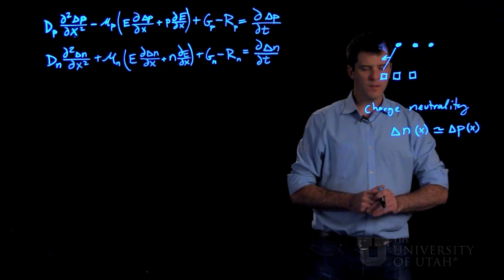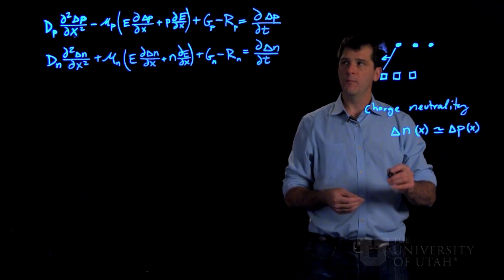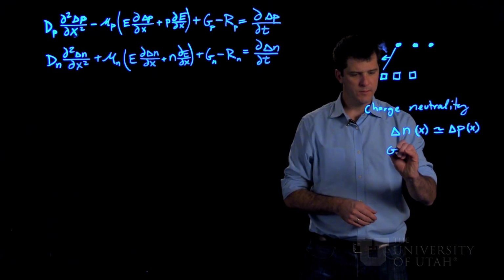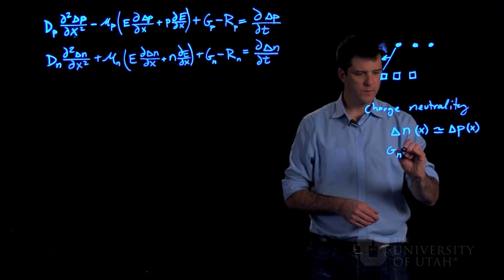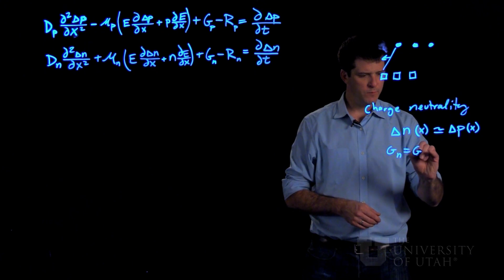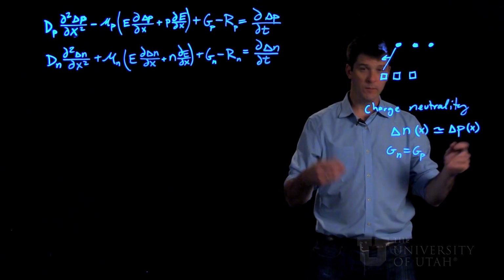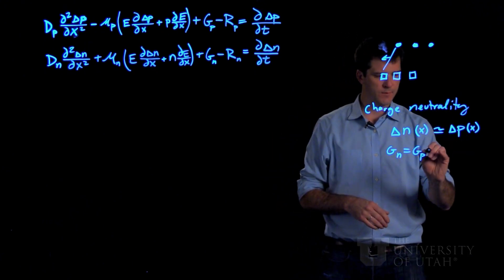And now let's go a little bit further and say, imagine that we generate some electrons and holes, but we're going to generate them at the same rate because we're generating them by photons, for example.